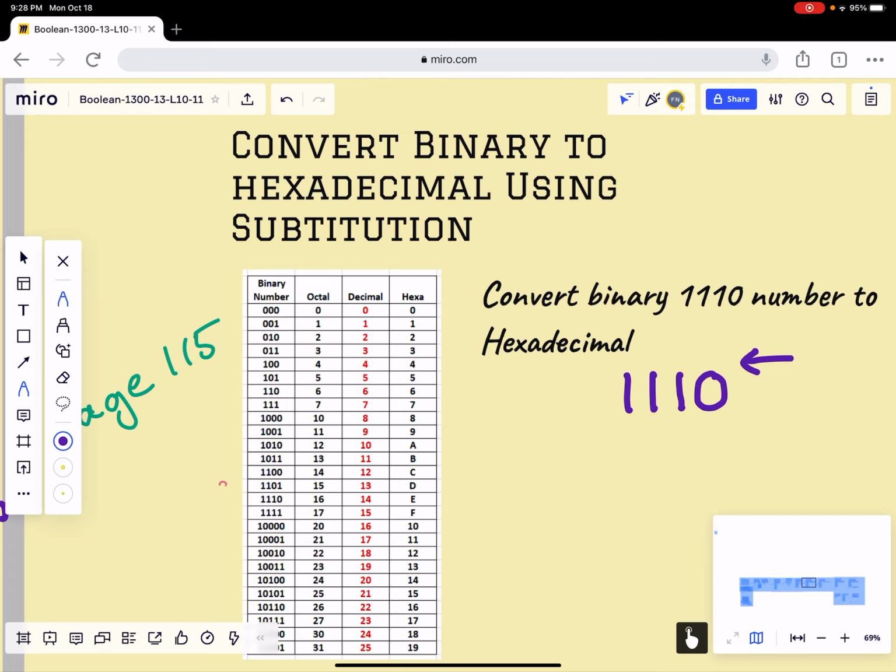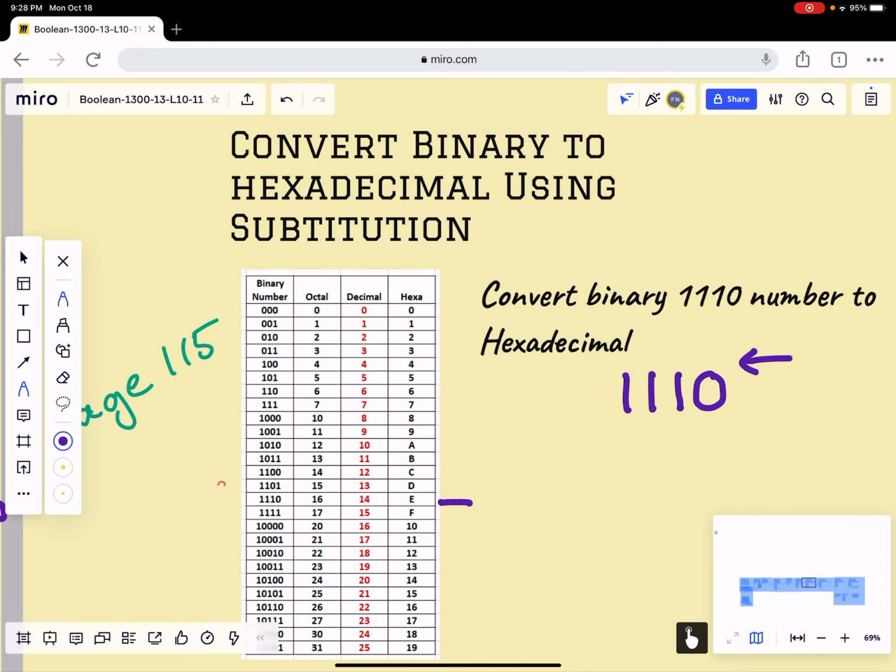And in this case, it already has 4 digits. So look at 1110, so this is letter E right here. So this 1110 equals letter E for hexadecimal.